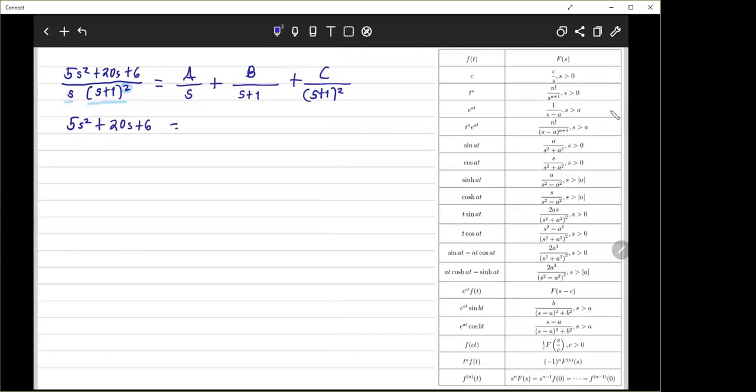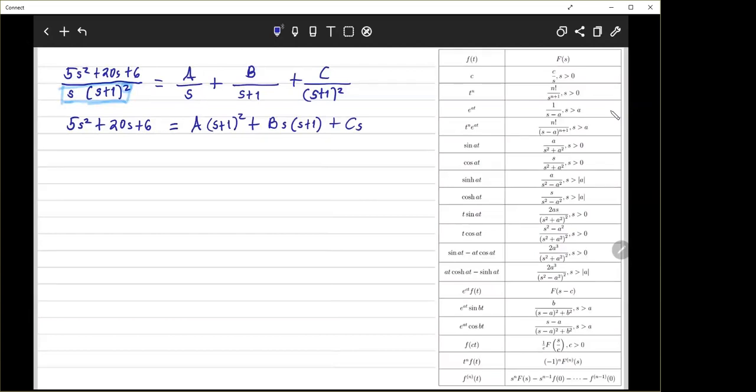So again, I multiplied by this entire thing, the denominator itself. So yung right-hand side will now become a times s plus 1 quantity squared plus b times s plus 1, plus c times s.